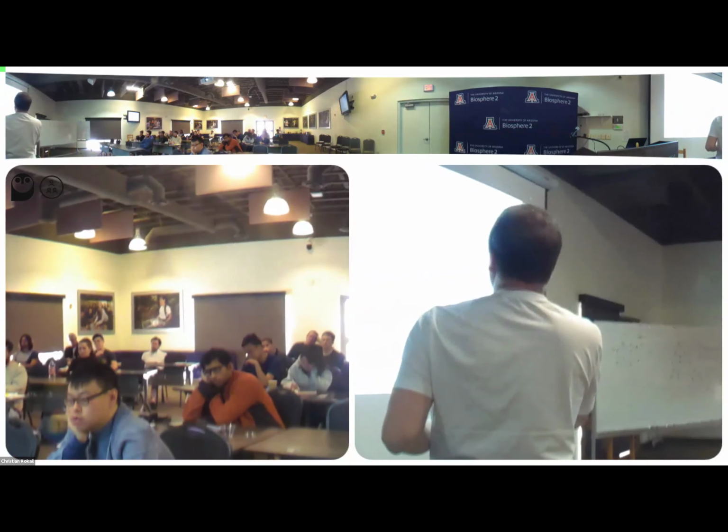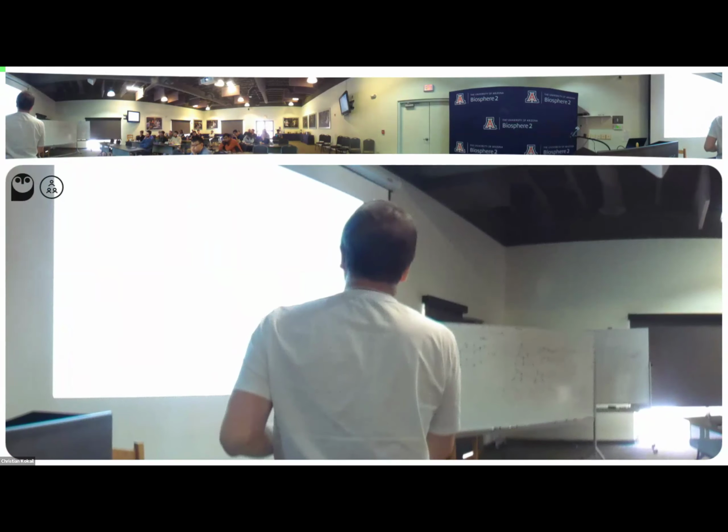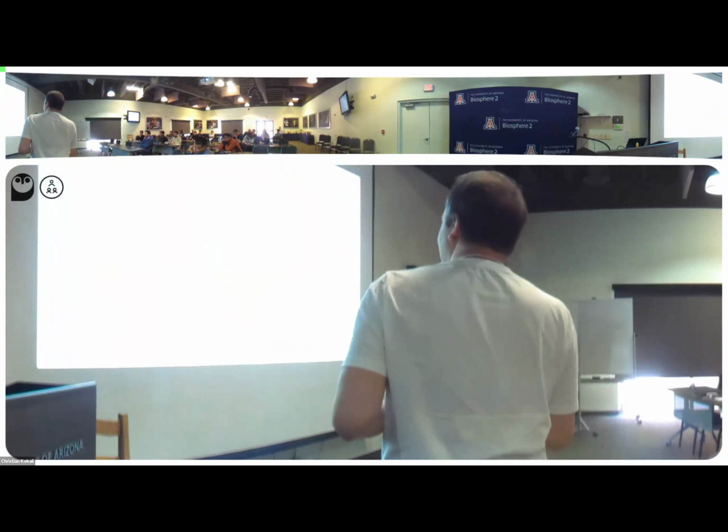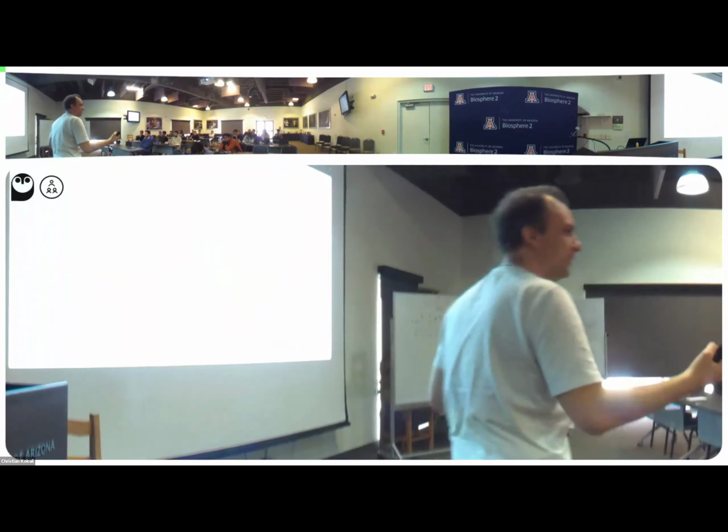It turns out that in these operations, E and E dagger, you actually have a lot of transversal gates. So I stop with this now.